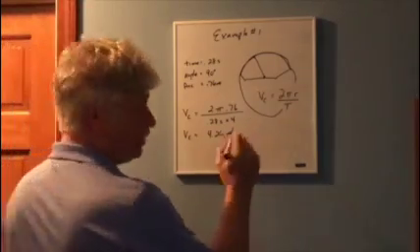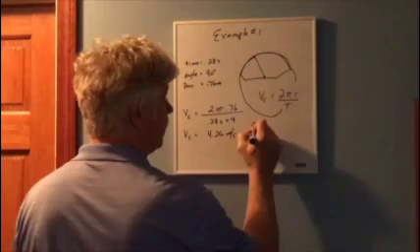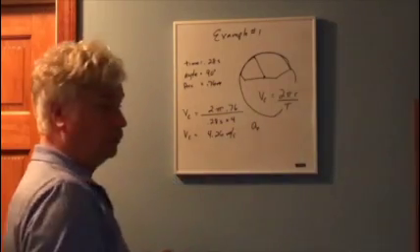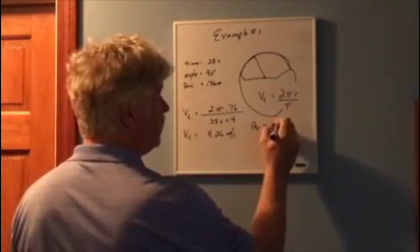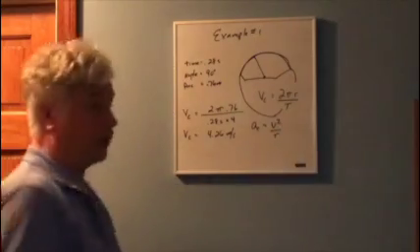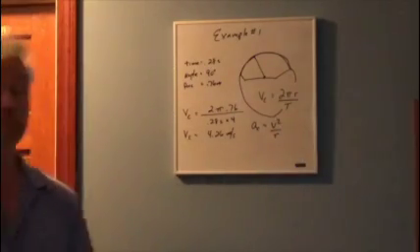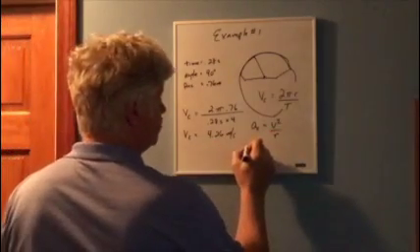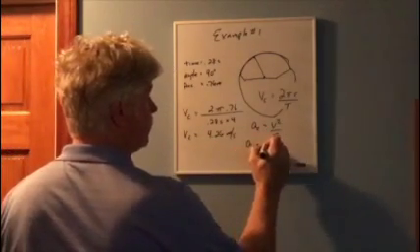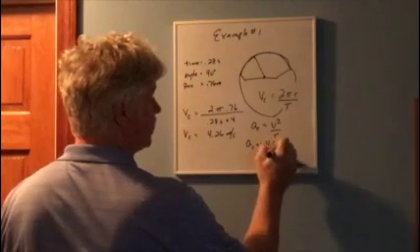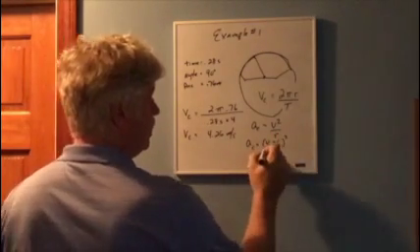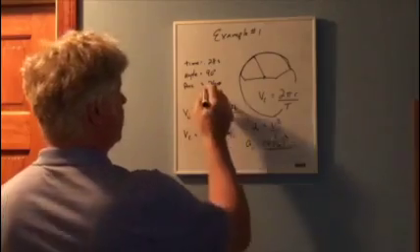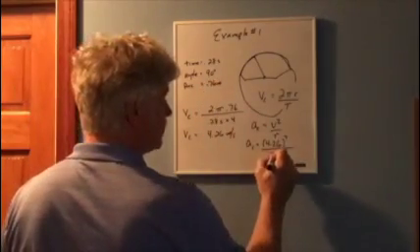So acceleration centripetal is going to be v squared over r. Now we know what v is, so acceleration centripetal is going to be 4.26 squared divided by the radius, which we had was 0.76.